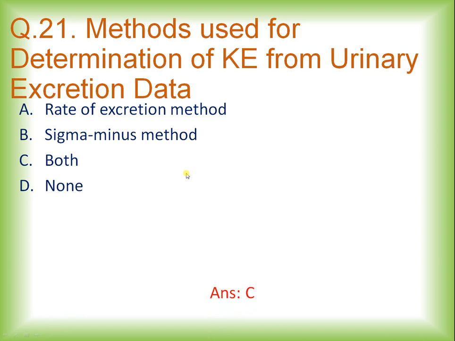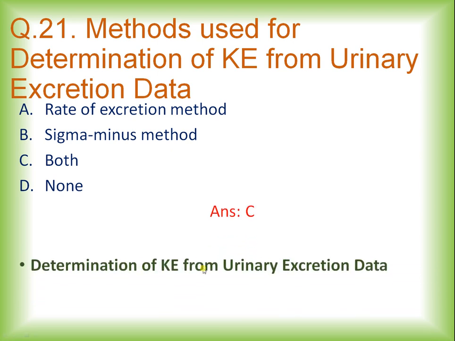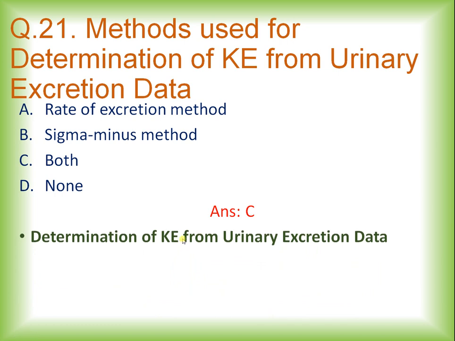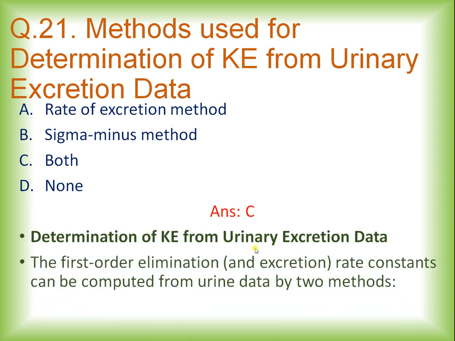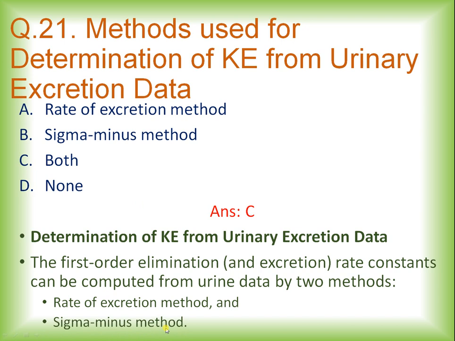And the right option is option C. So for determination of Ke, that is the elimination rate constant, from the urinary excretion data, there are two methods: firstly the rate of excretion method, and second the sigma minus method. So the first order elimination as well as excretion rate constant can be computed from the urinary data by these two methods.